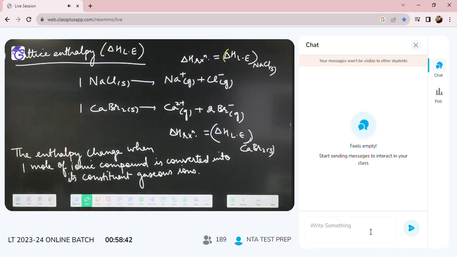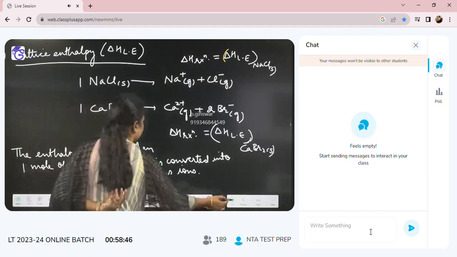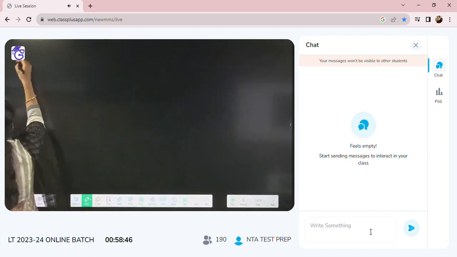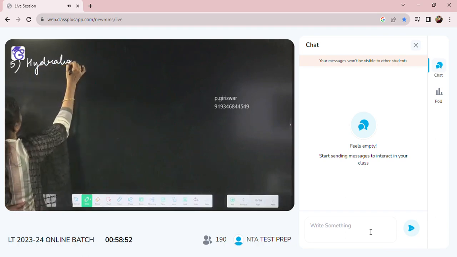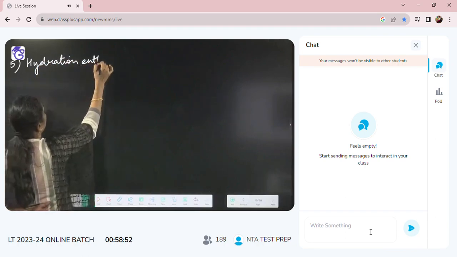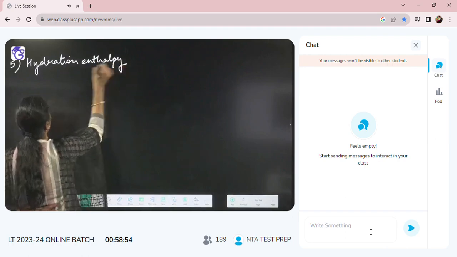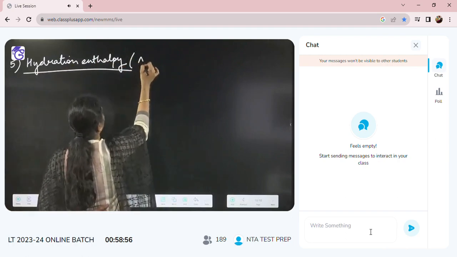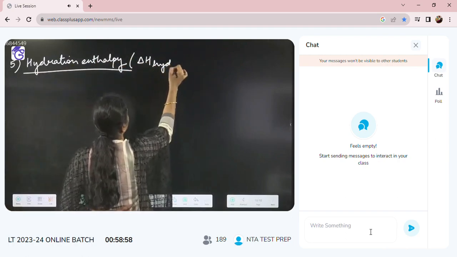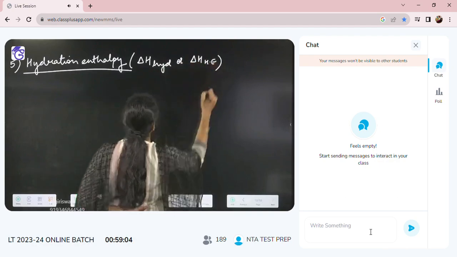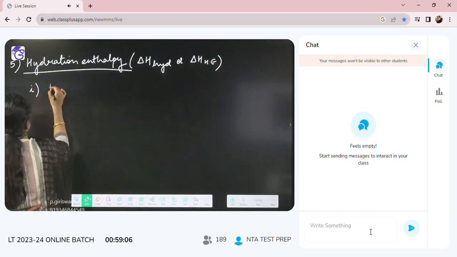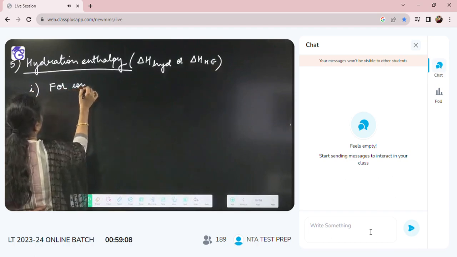Hopefully it is written. Then next one is hydration enthalpy. If somebody is not able to write down, not an issue, it will be shared in the group. deltaH hydration, or else simply only hydration enthalpy also would be written. Now we define it separately for ions and for the compounds.